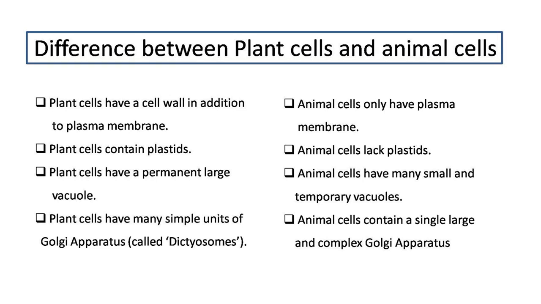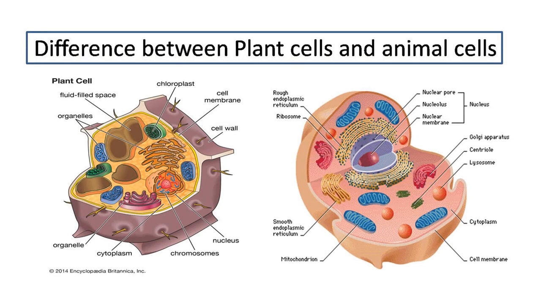Plants have simple units of Golgi apparatus called dictyosomes, and animal cells contain a single large and complex Golgi apparatus. All the differences are much more clearly seen in the diagrams that have been shown.